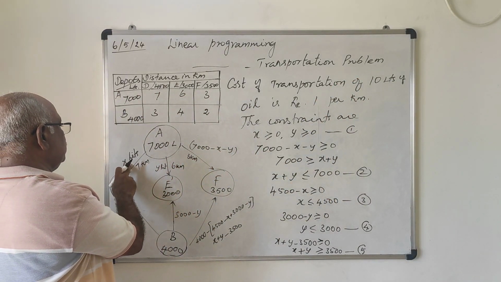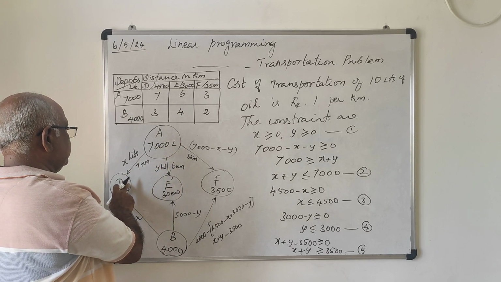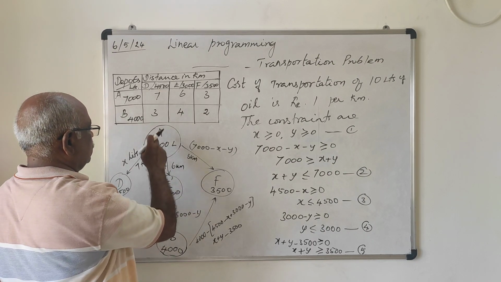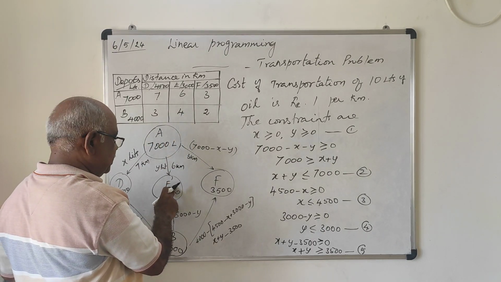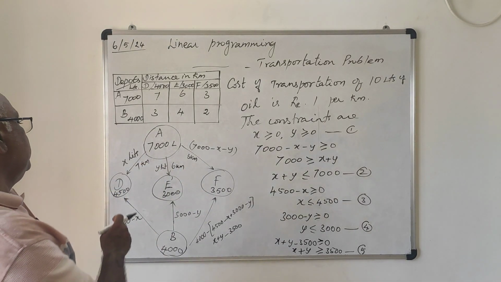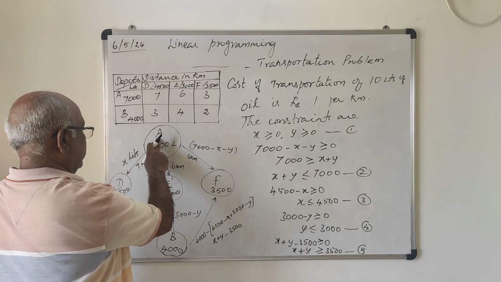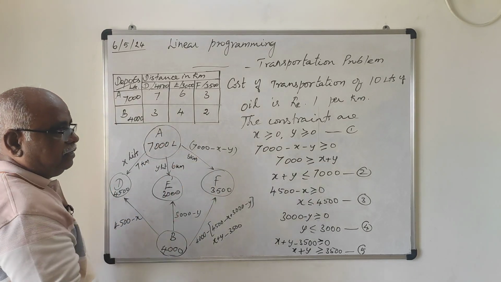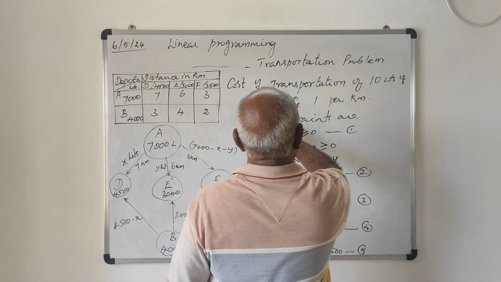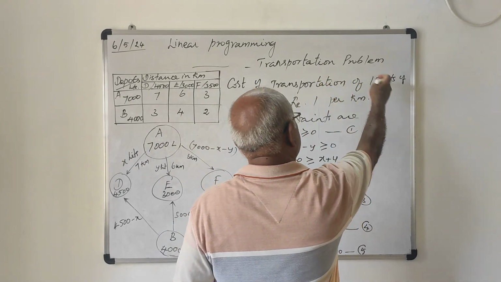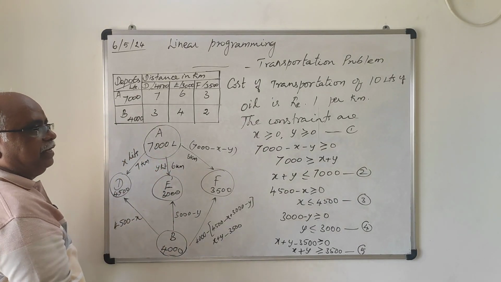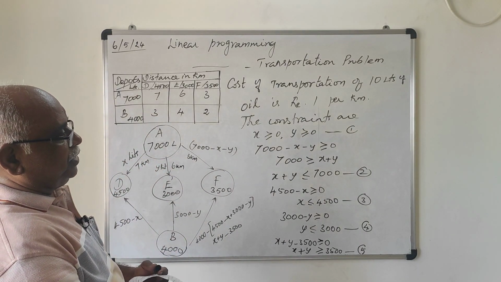Therefore, x liters transported from A to the depot D costs x by 10 rupees. Similarly, y liters transported from the depot A to the pumping station E costs y by 10 rupees. Because the cost of transportation of 10 liters is 1 rupee, the cost of transportation of 1 liter is 1 by 10 rupee. Therefore, x liters is x by 10 rupees. Like that, you have to find out the constraints equation.